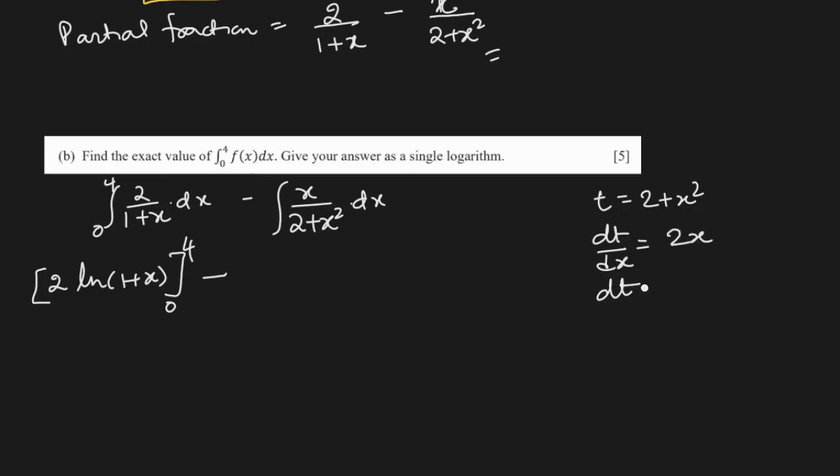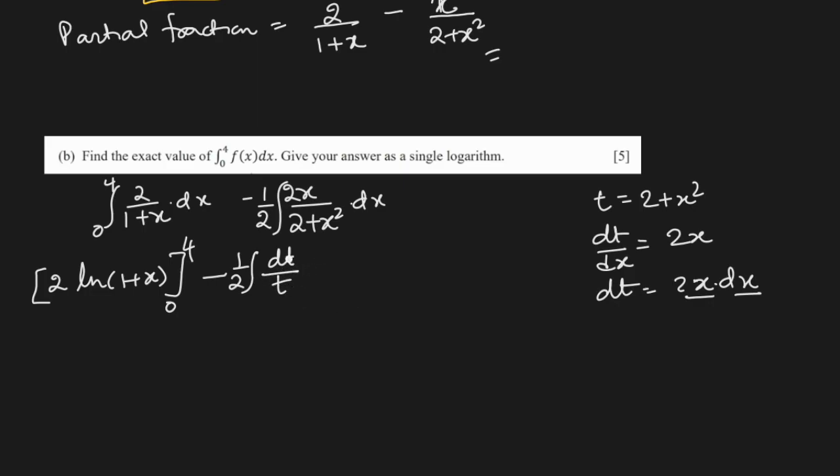That means dt will be 2x dx. But we have just x here, no 2. So let's write 2 here and divide by 2 also. So half times 2 is again 1. So just to make it like 2x dx, I did it. So I can write this one as, half was there in front, dt over t.